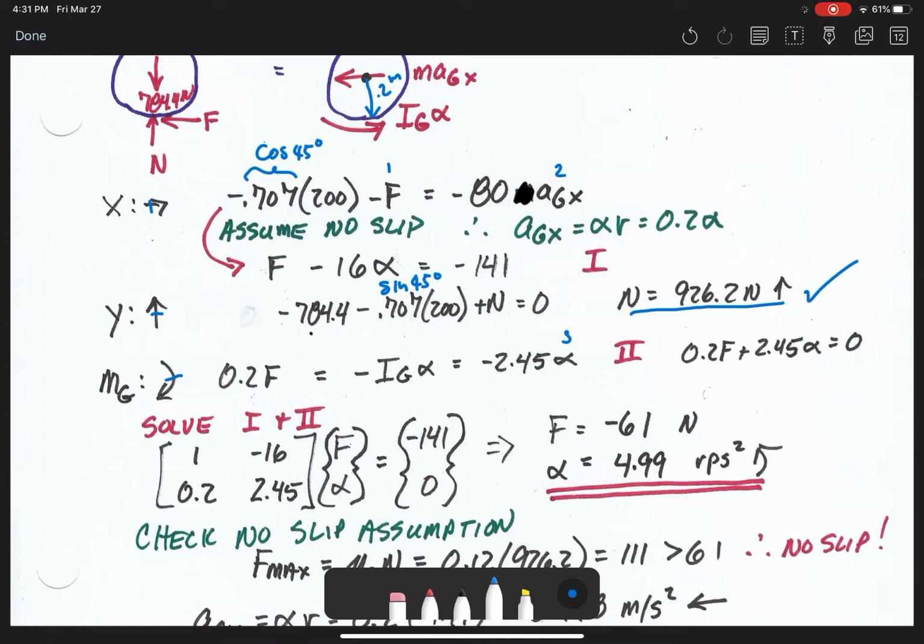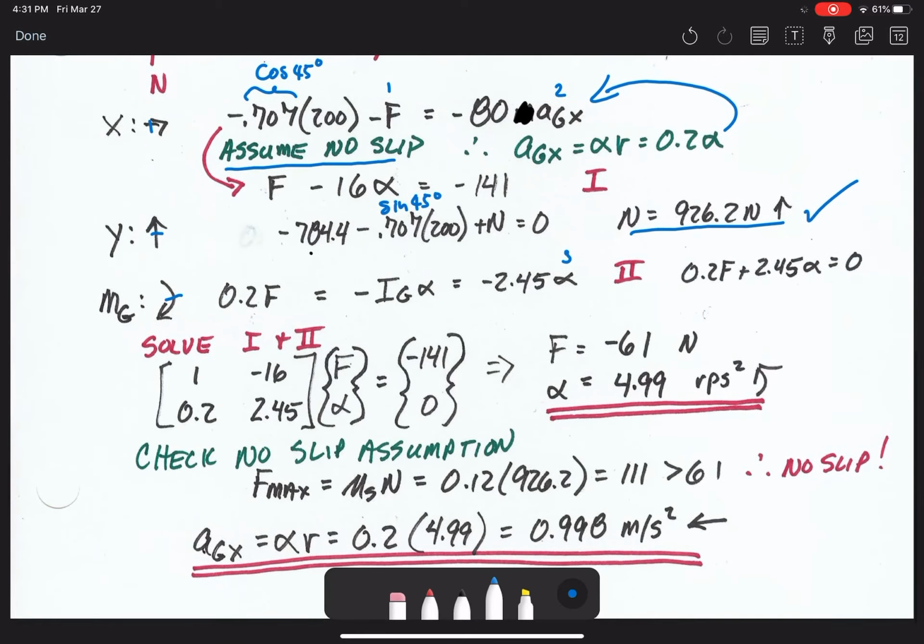So you assume a no-slip wheel, and when it's no slip, I have a_Gx equal to alpha R, so 0.2 alpha. We can plug it into the equation there. So you will have two equations, two unknowns, for F and alpha after you plug in a_Gx equal to 0.2 alpha. So you have equations 1 and 2.